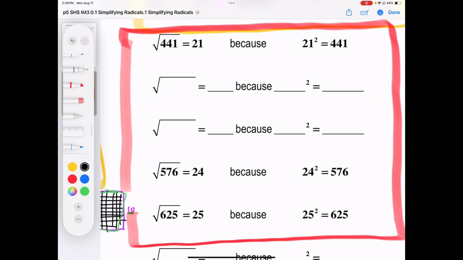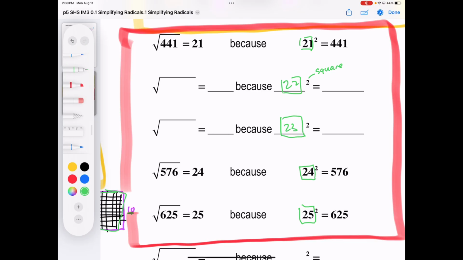Okay, so here we should see a pattern. I have 25, I have 24. So what number do you think this one's going to be? 23, this one, 22, and then we have 21. Well, what does it mean with a little 2 up there? They call this a square, right? It's really an exponent as well.